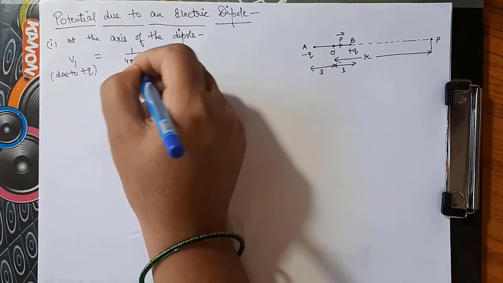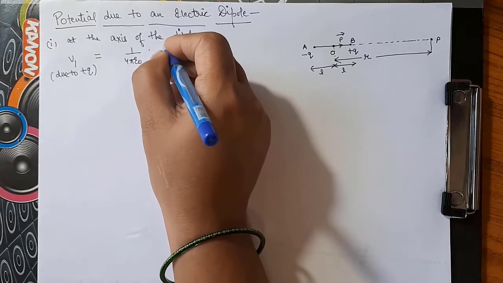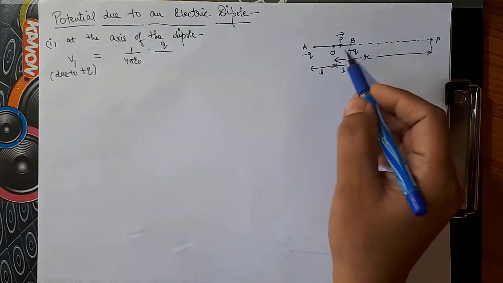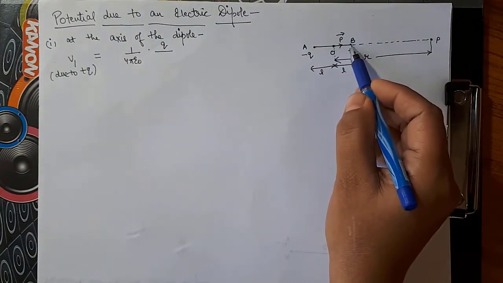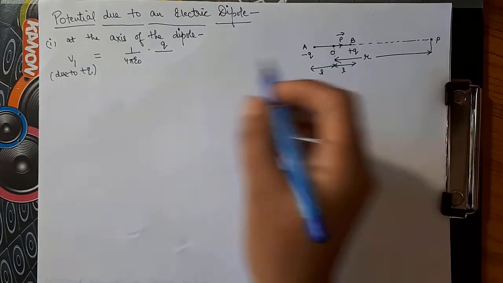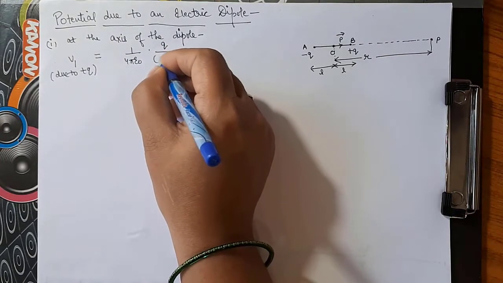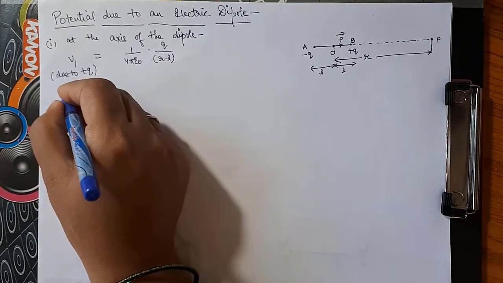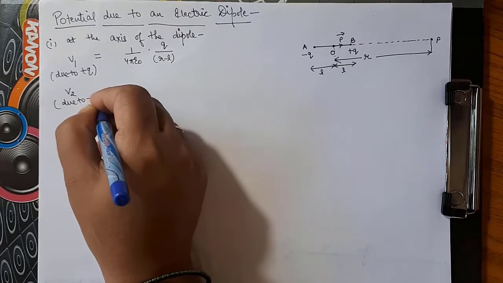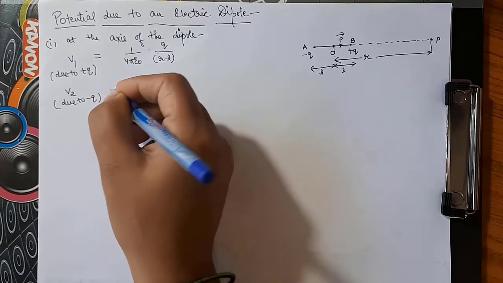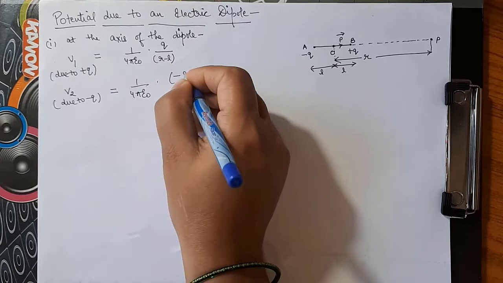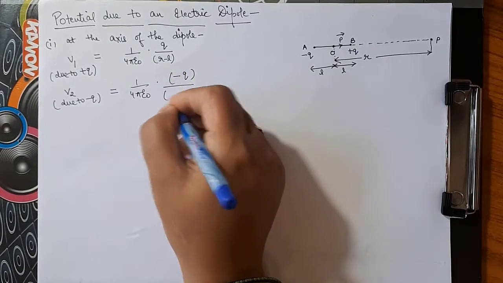It is 1 upon 4 pi epsilon naught q upon distance. Here the distance will be r minus L because point B is located at distance r minus L from P. Now let us calculate potential due to minus q charge which is placed at A. It is 1 upon 4 pi epsilon naught minus q upon the distance.